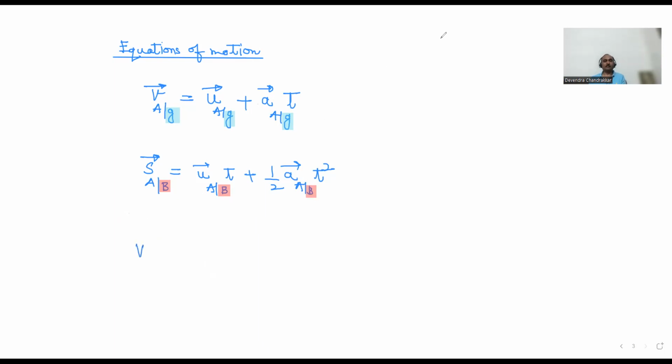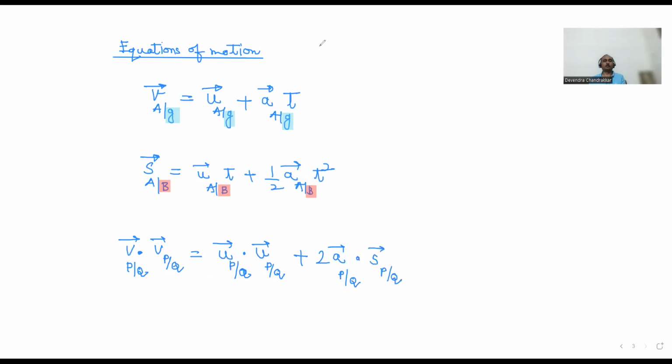Now, suppose I want to find V. I want to use this formula, V square minus U square is equal to 2aS. So it is V_PQ dot V_PQ, the dot product of these two, is equal to U_PQ dot U_PQ plus 2 a_PQ dot S_PQ.